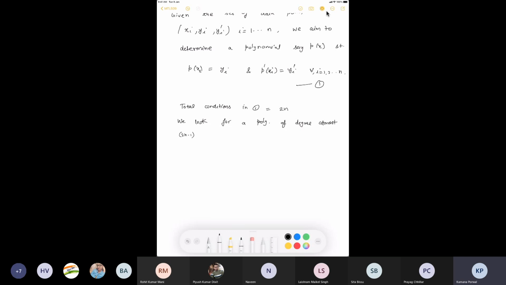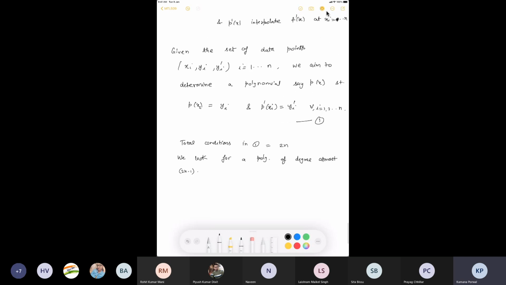For that reason, I'm going to call this polynomial p_{2n-1}, adding 2n minus 1 in the subscript.